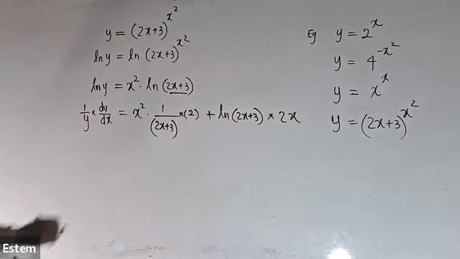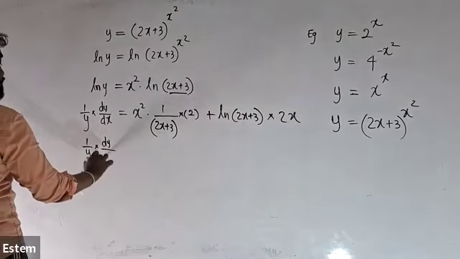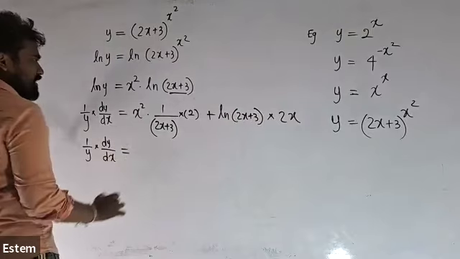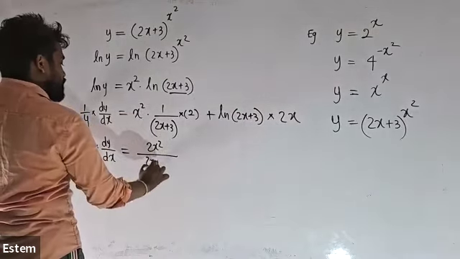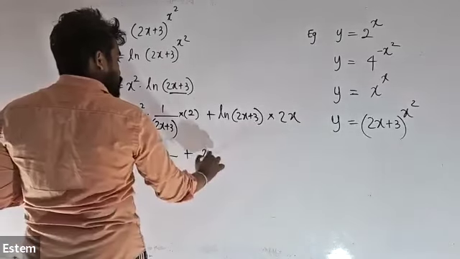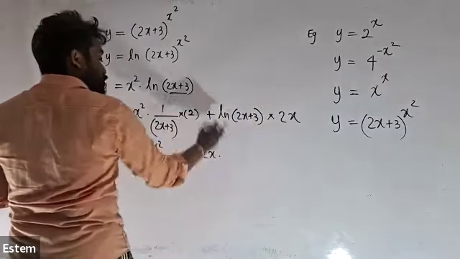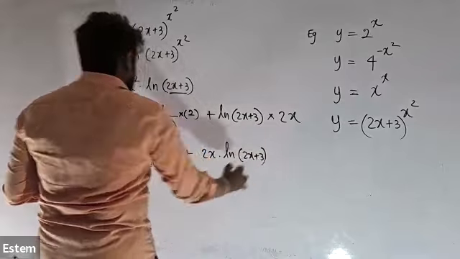Now keep 1 over y into dy over dx as the same. Here it is 2x squared over 2x plus 3, then plus 2x in front of ln of 2x plus 3.